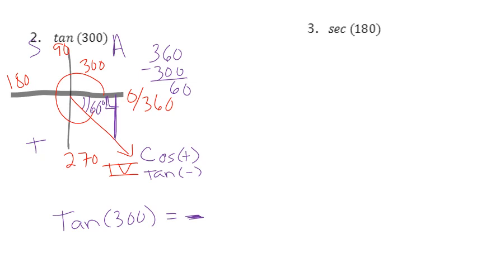In our special right triangle, the hypotenuse is 2, the leg next to the 60 is 1, and this is radical 3. I'm looking for tangent, which is opposite over adjacent, so radical 3 over 1. And I have that negative there, so negative root 3 would be the tangent of 300.